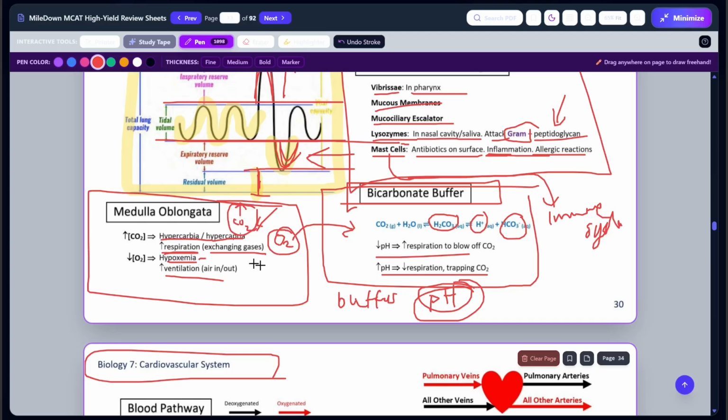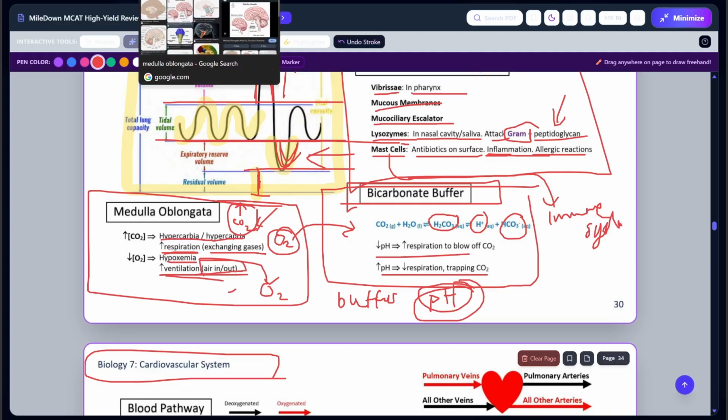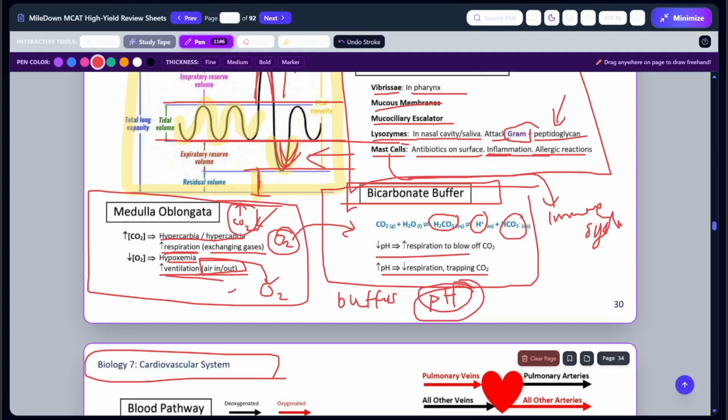Okay, and then if you have hypoxemia, where you have low levels of O2, what do you think is going to happen for the balancing act? Basically, you're going to try ventilation and breathe air in and out. That's the response to low partial pressure of oxygen in arterial blood. When O2 drops significantly, the peripheral receptors that you have send signals to your medulla oblongata, and your medulla triggers an increase in ventilation.